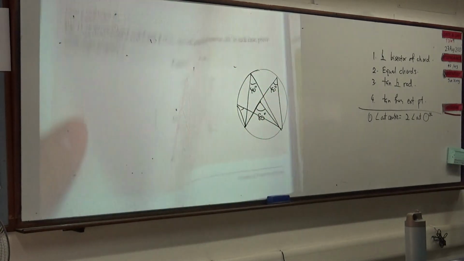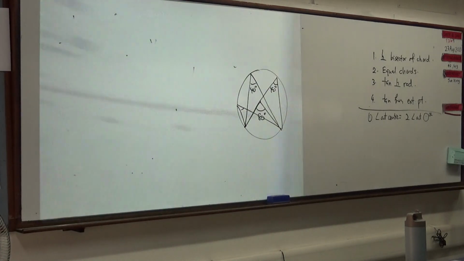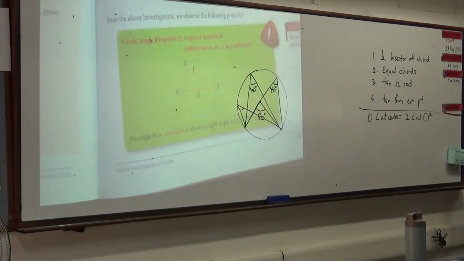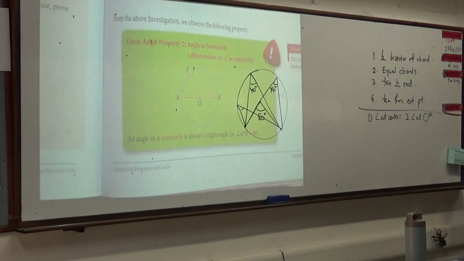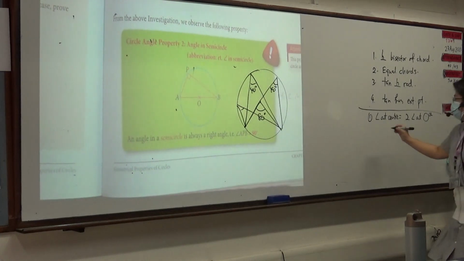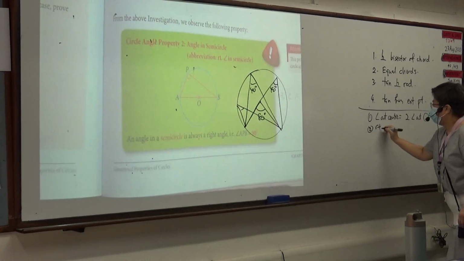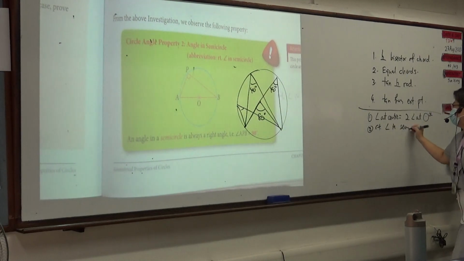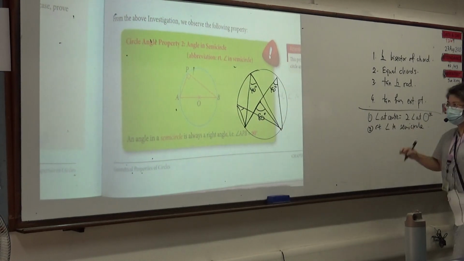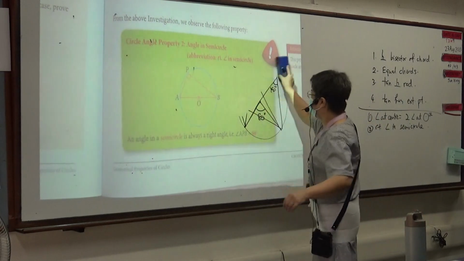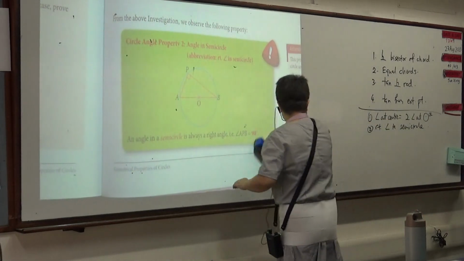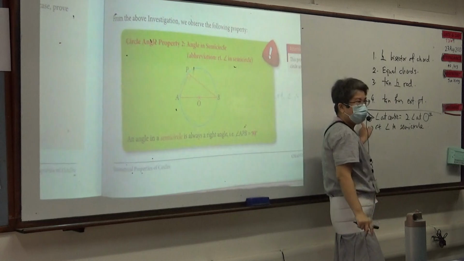Next, page 207 at the bottom. This one, the short form is called right angle in semicircle. Now, I want to tell you that this is actually from number 1.